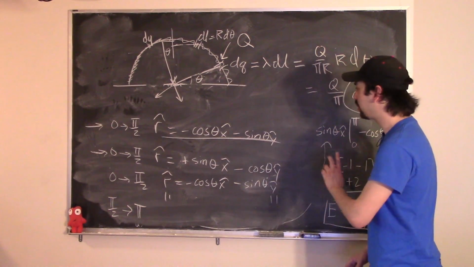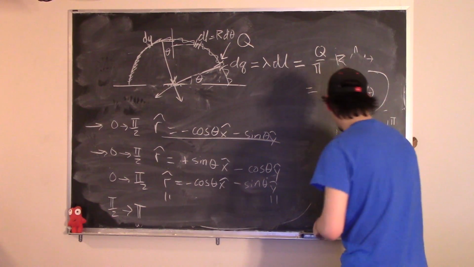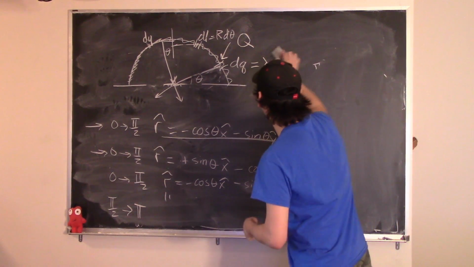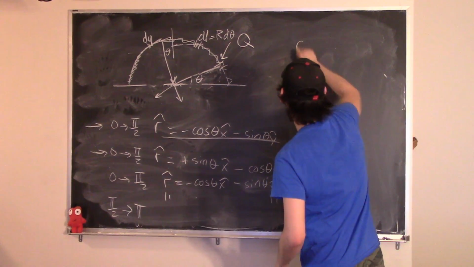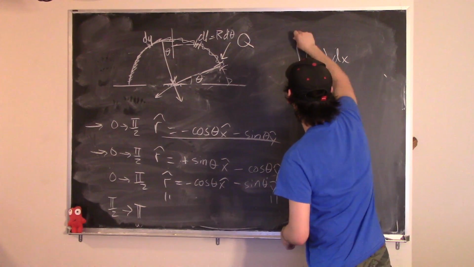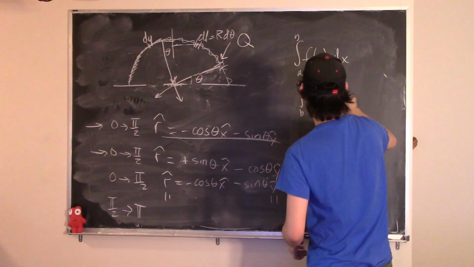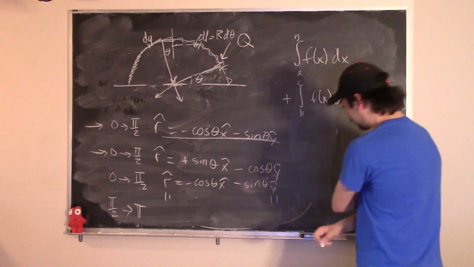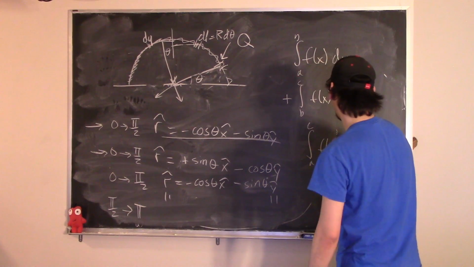But ultimately, whenever the argument of the integral is the same, this was something that I had mentioned briefly earlier because of something that somebody else had asked. If I'm integrating some f of x dx from a to b, and then I'm integrating it from b to c of the same function, and I add these two together, this is really the same thing as the integral from a to c of f of x dx.